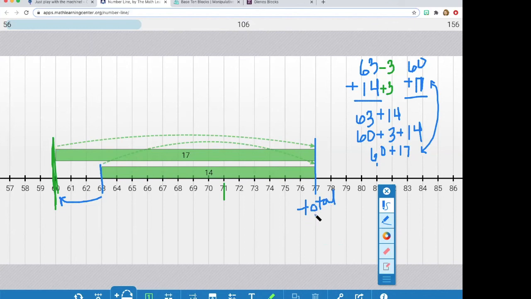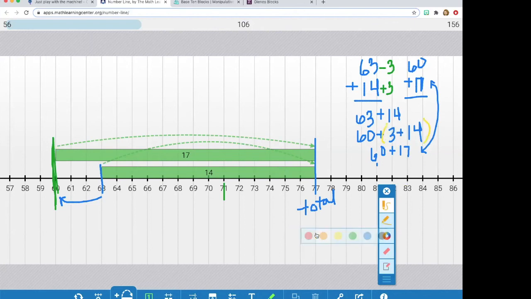And so that is way different than what we just did with Chrissy's strategy in compensating and subtraction. In subtraction, we're talking about the distance or the difference, and that stayed the same when we compensated, when we changed the minuend and the subtrahend. In addition, when we compensate, or we decompose numbers and use the associative property to make friendly numbers, we associated those.